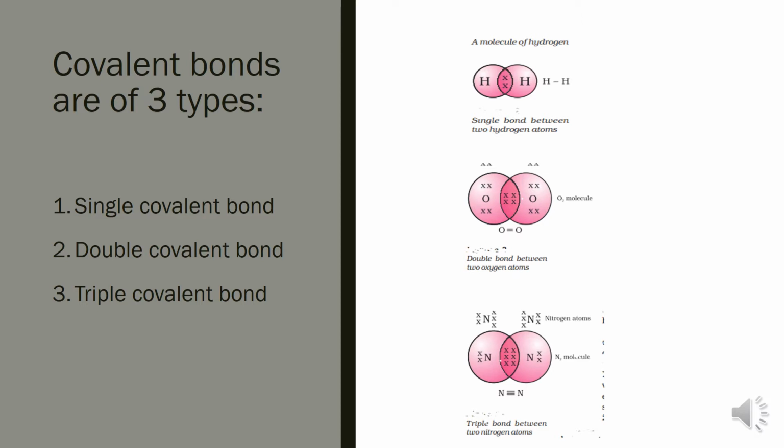And I told you earlier, all the nonmetals generally containing 5, 6, 7 electrons in the outermost shell used to indulge themselves in covalent bonding only. Whenever a nonmetal combines with another nonmetal, the sharing of electrons takes place and a covalent bond is formed between the atoms.